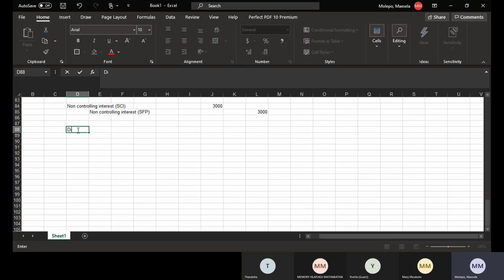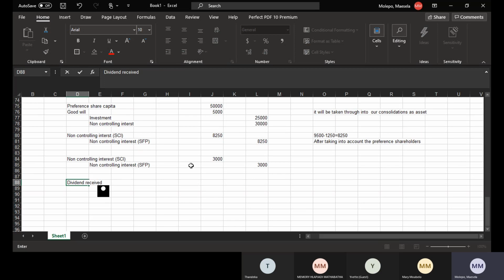So it will be the dividend received, which is 2,000, because we as the parent receive the 2,000, and then our non-controlling interest receives 3,000. The total dividend declared was 5,000. So this is dividend paid or dividend declared.